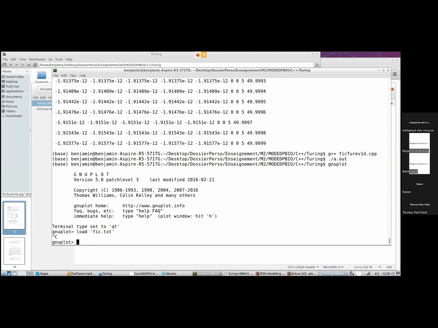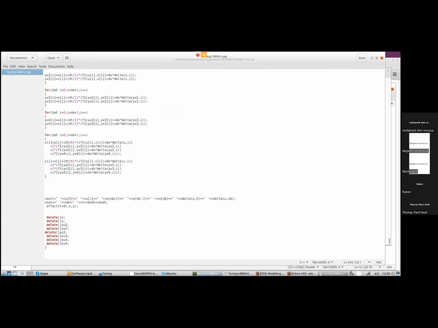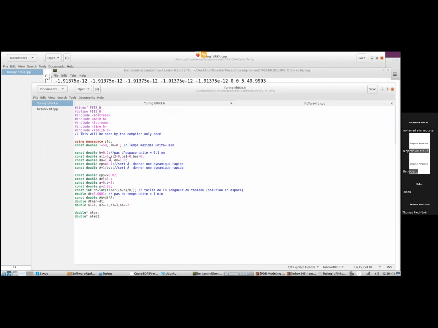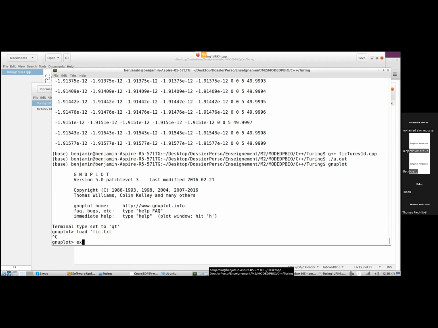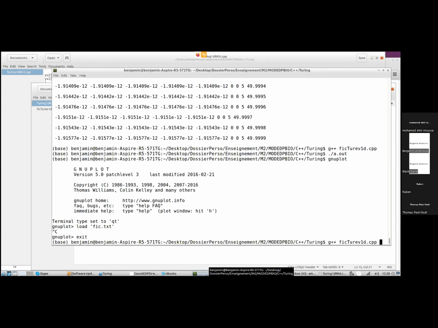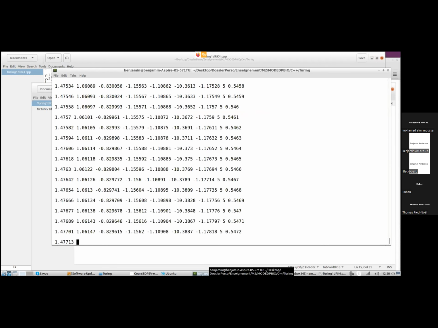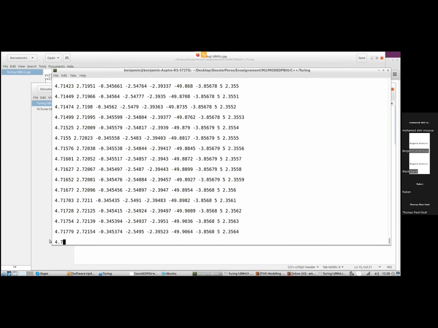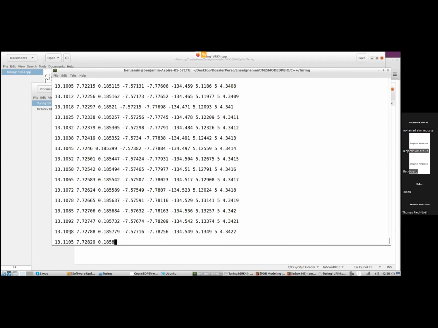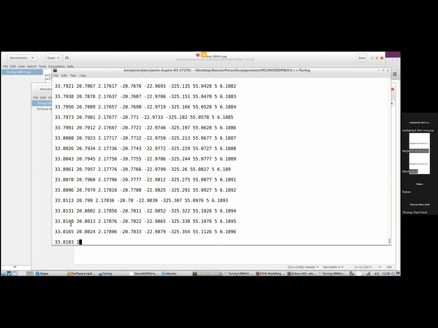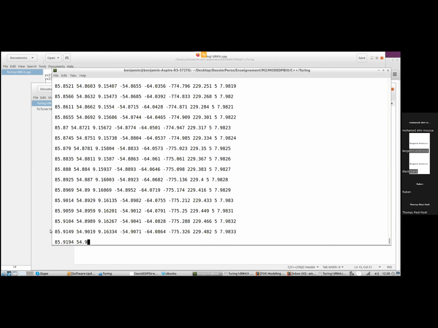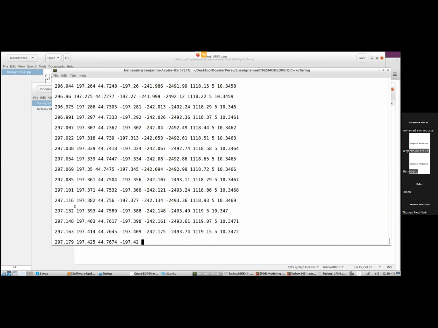So let's choose 0.02 for example. Oh, you see? Now, just looking at these values of u, they're not going to zero anymore.